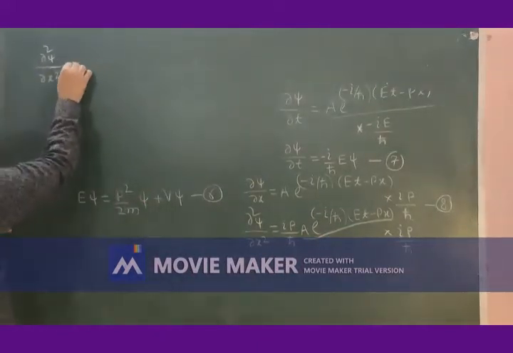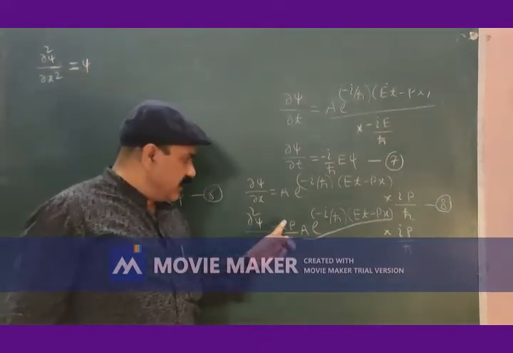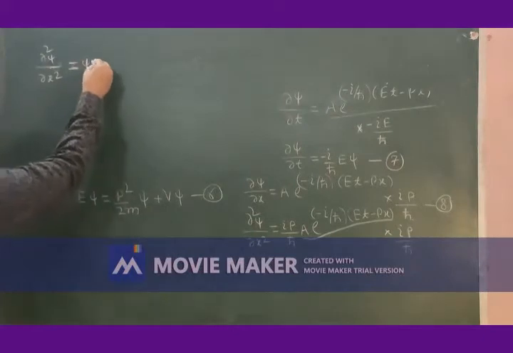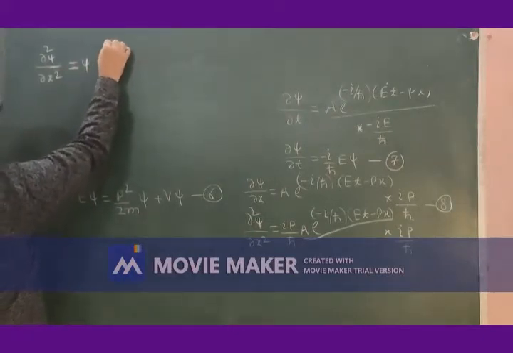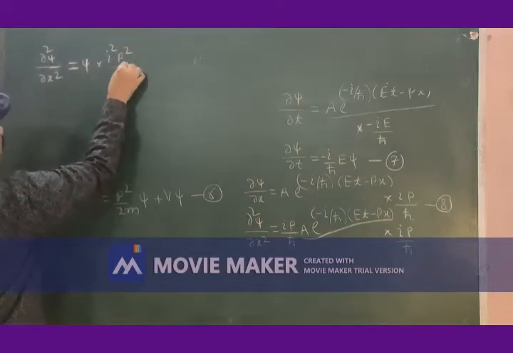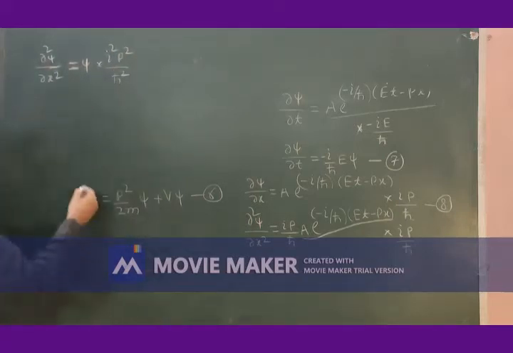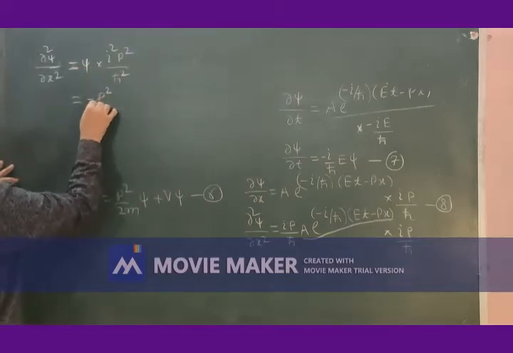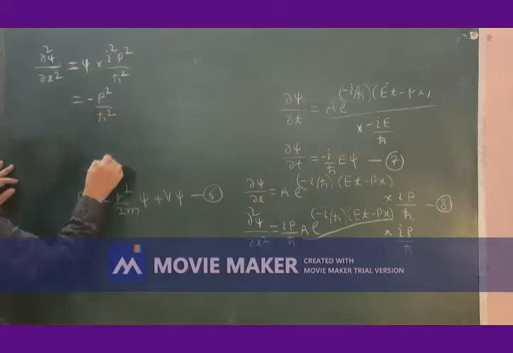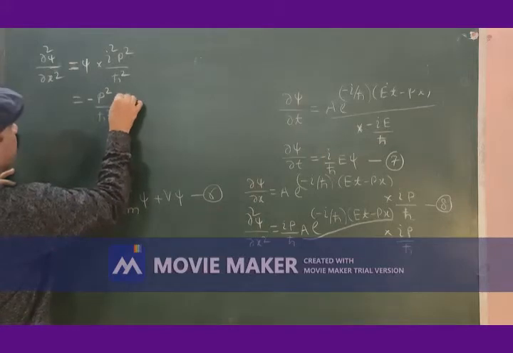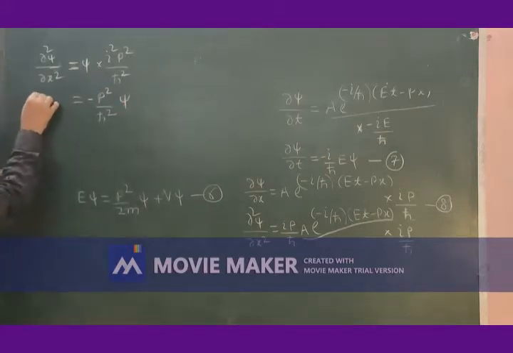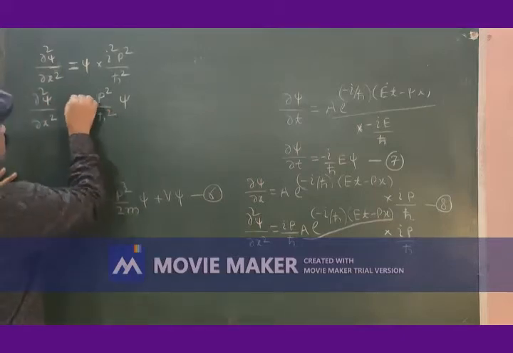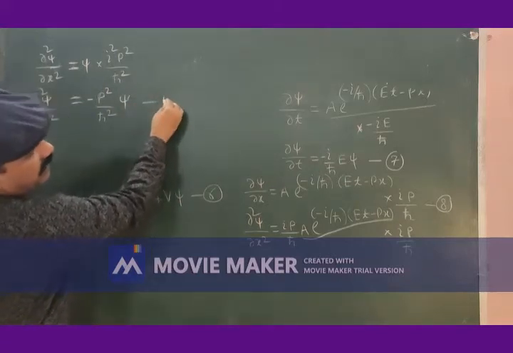So iP by h cross into iP by h cross, that is i square p square divided by h cross square, or let me put this further as minus p square divided by h cross square into psi, for dou 2 psi by dou x square. Equation number 9.